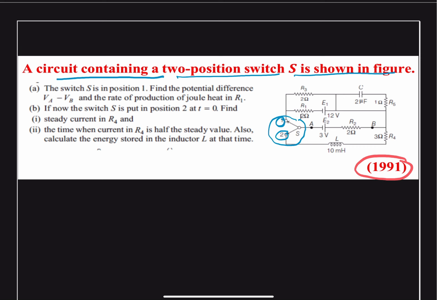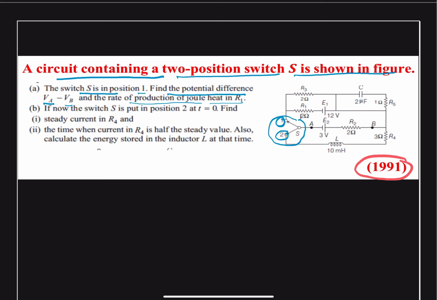So we have these two broader questions, and part B has two sub questions. In question number A, it is given that the switch S is in position 1. Find the potential difference VA minus VB and the rate of production of the joule heat in R1.